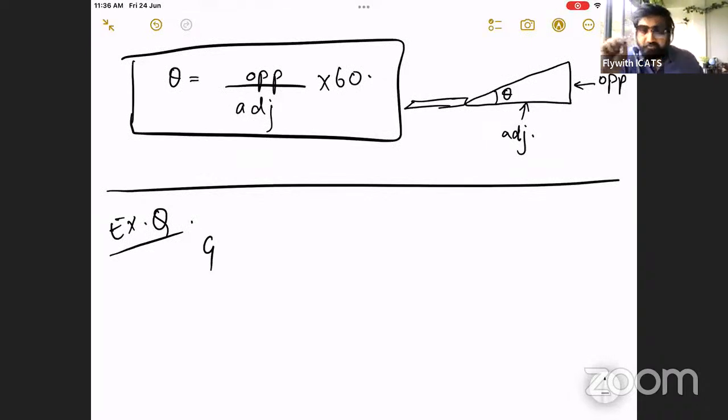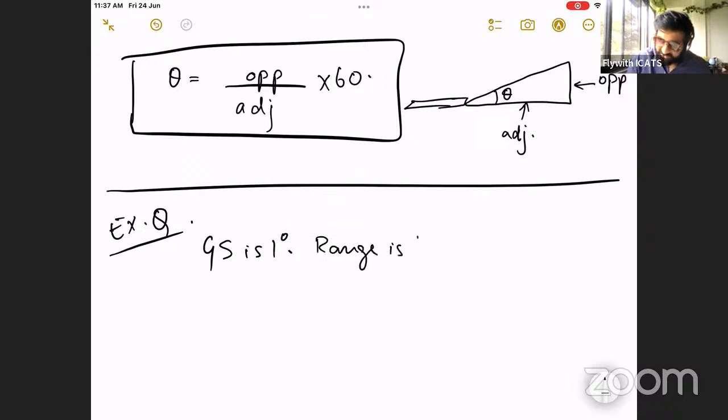And make sure if your range is given to you in nautical miles, then you'll convert it into feet using your CX3. For these sums, you can assume 1 nautical mile is 6,000 feet. But I'll suggest you use your CX3 for conversions. So that is one point that we should remember, the unit in the formula. So example, glide slope is 1 degree. Range is 1 nautical mile. Find safe height.